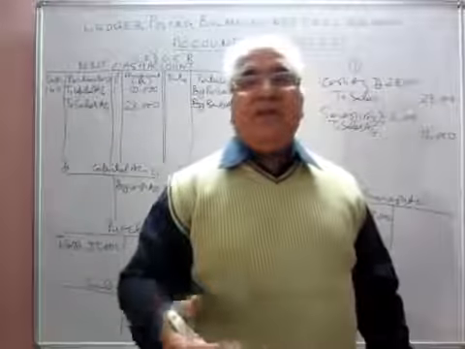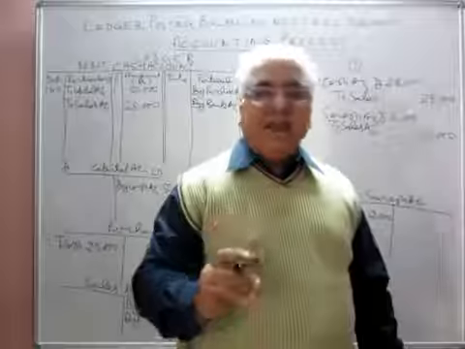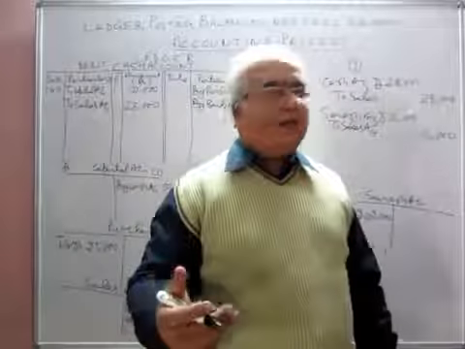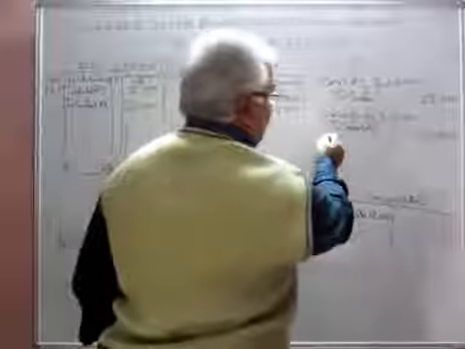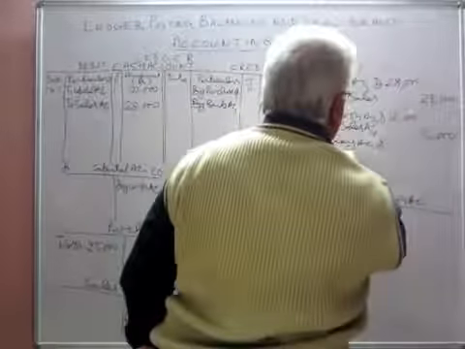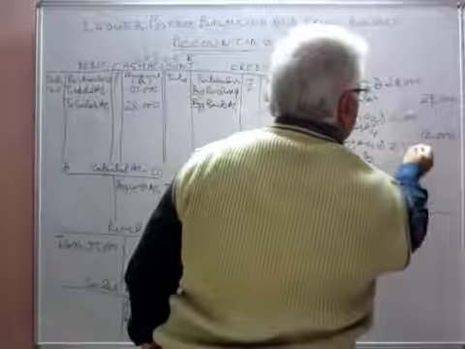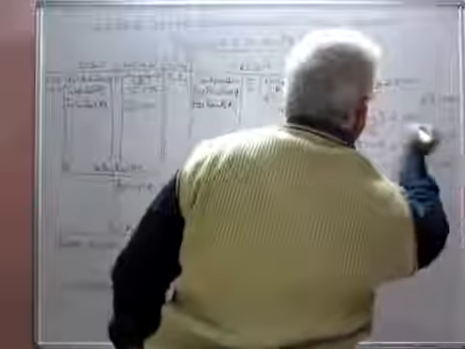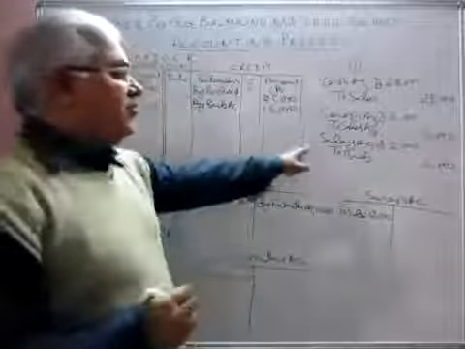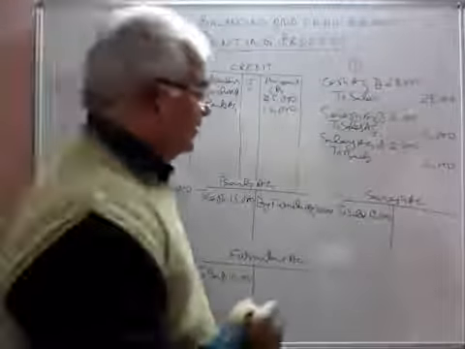Okay, for example, if we pay salaries through check, our entry will be salary account debited to bank. Salary account debited to bank, say 2,000 rupees. So we will need to open another account, that is salary account, and bank account will be credited.